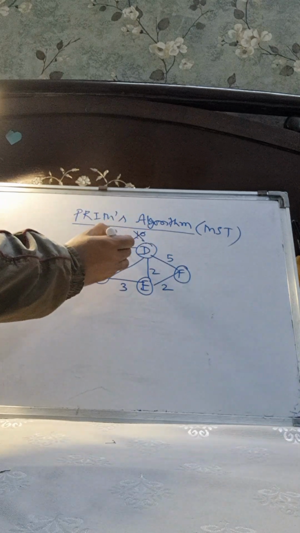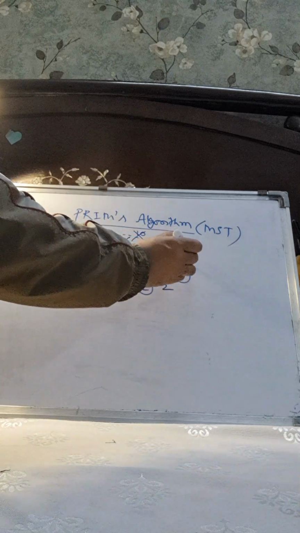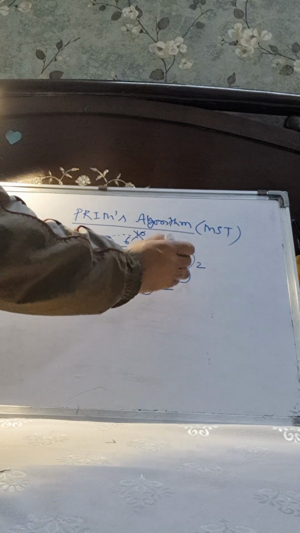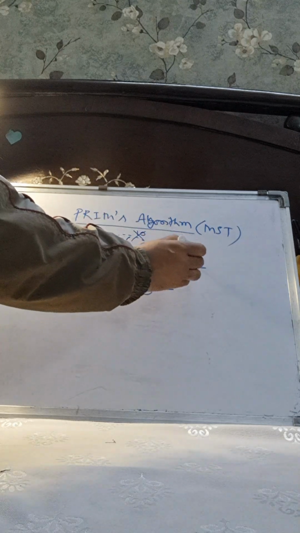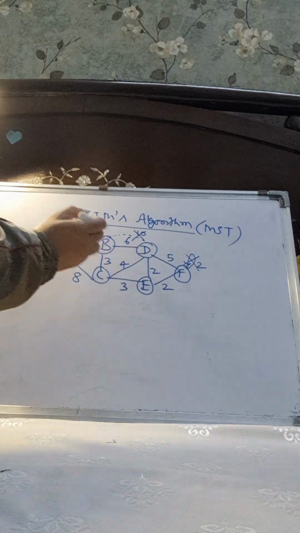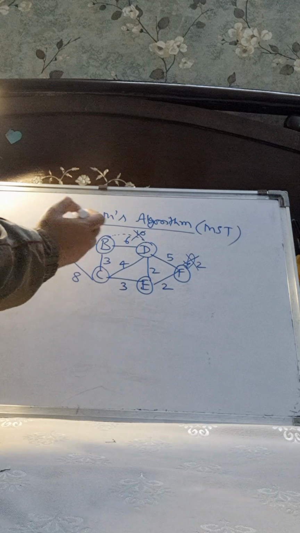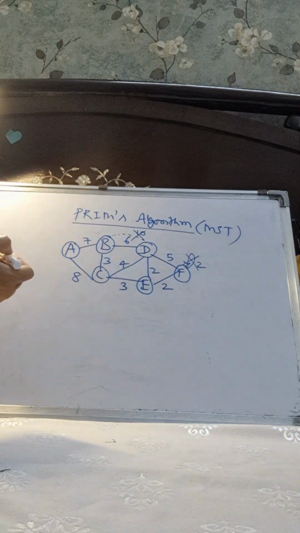We'll keep only the edge which is least in cost. Second, if there is any self loop, we will remove this self loop also from our graph. So these are the two preconditions, true for Kruskal's algorithm as well as for Prim's algorithm.